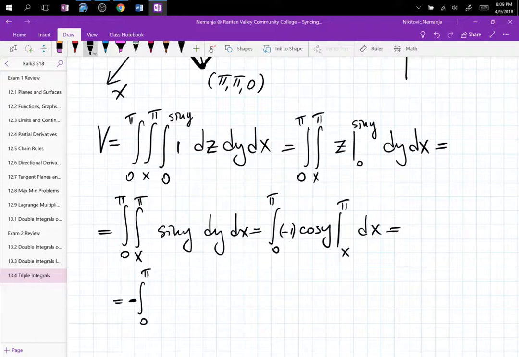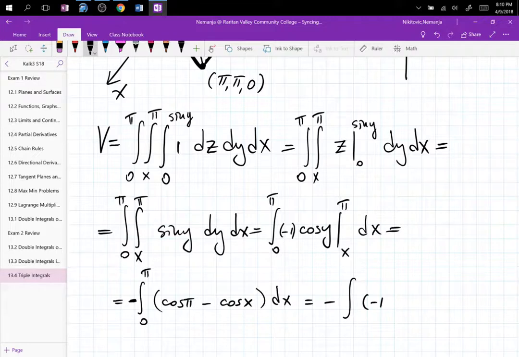So 0 to pi, negative, cosine of pi minus cosine of x dx. Now, how much is cosine of pi? Very good. So now I have negative integral of negative 1 minus cosine x dx.